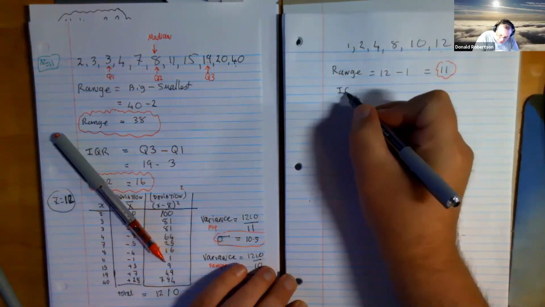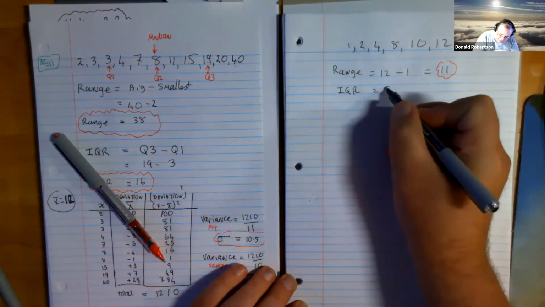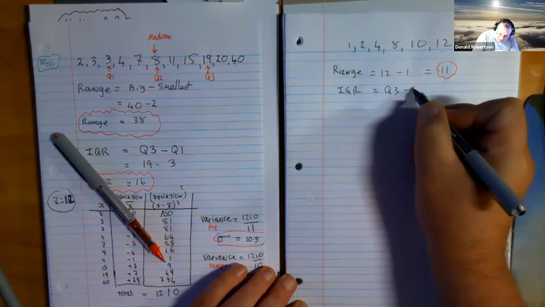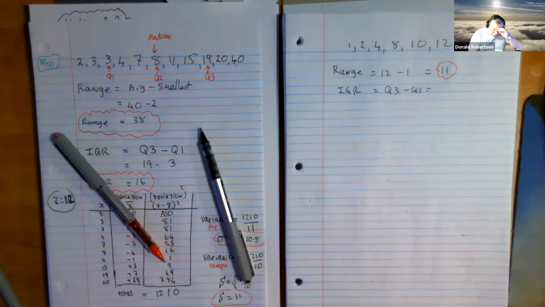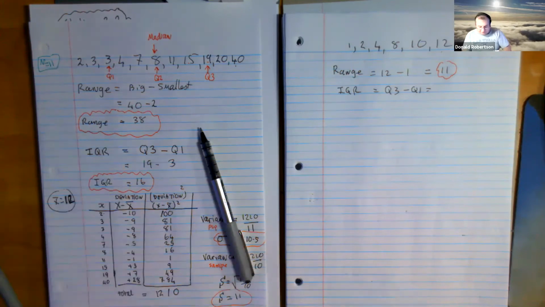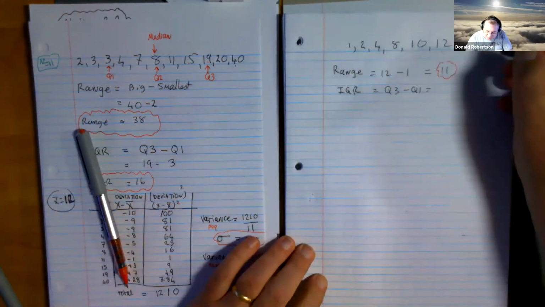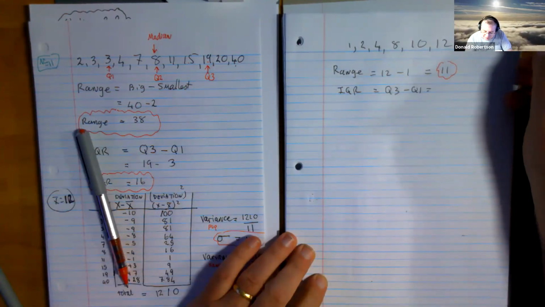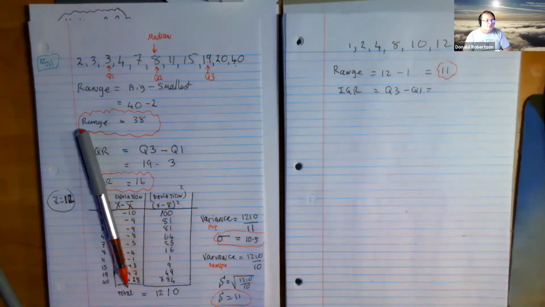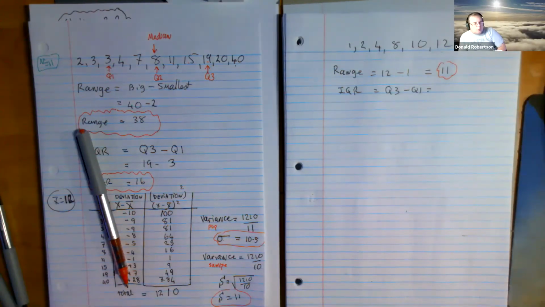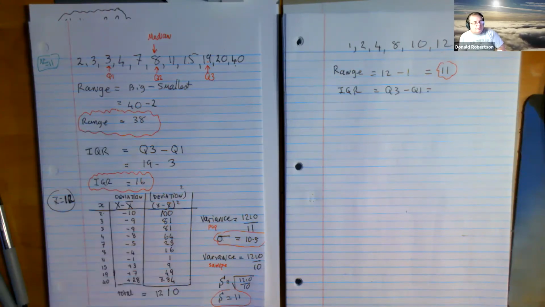The interquartile range, which is Q3, take away Q1. Now that's going to cause a little bit of a problem here. If you count this, there's 6 data points, 6 numbers. Where is the median in that list? Where's the middle number?